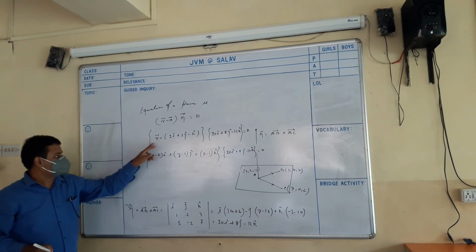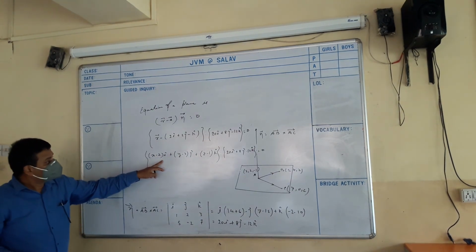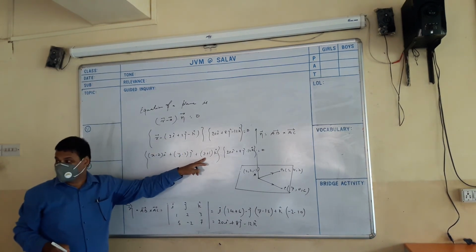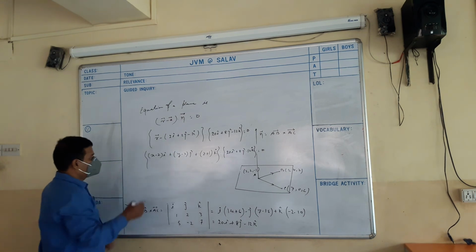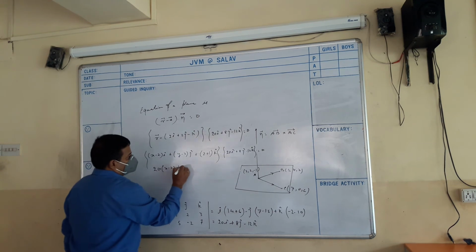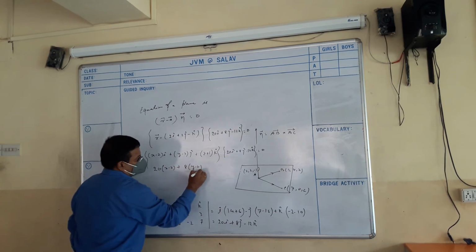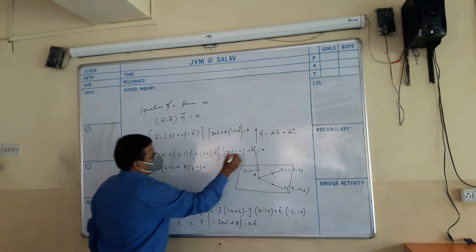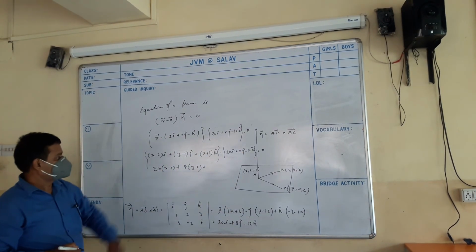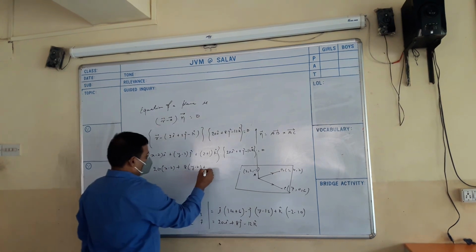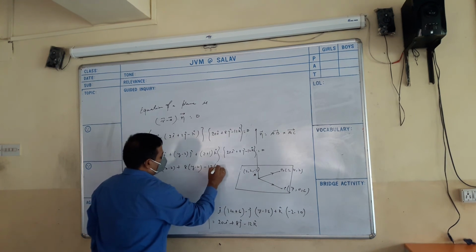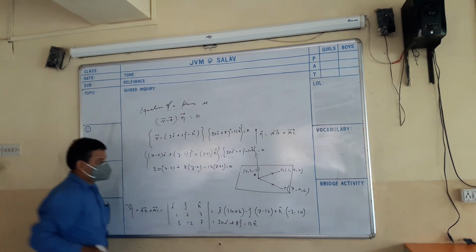So 20(x minus 2) plus 8(y minus 2) minus 12(z plus 1) is equal to 0. Clear?